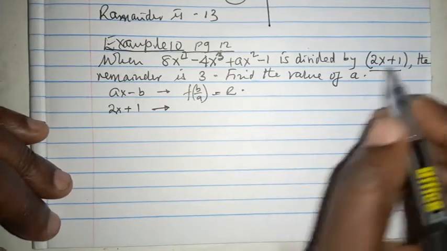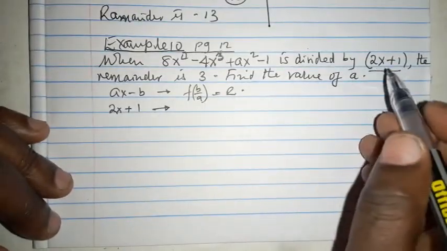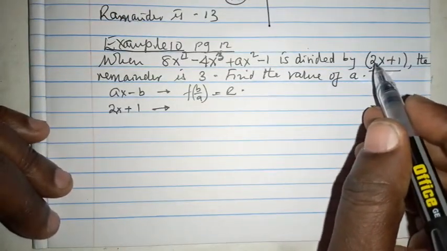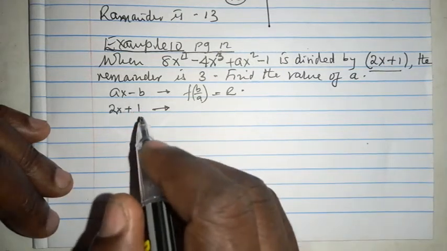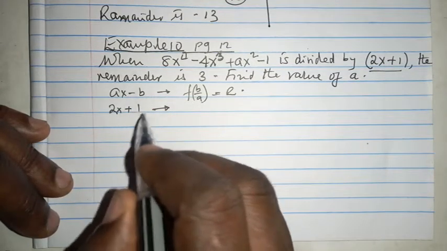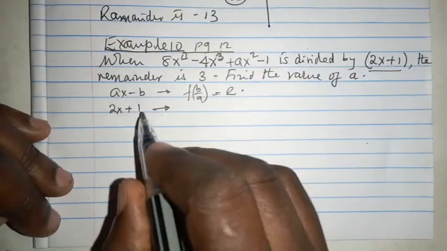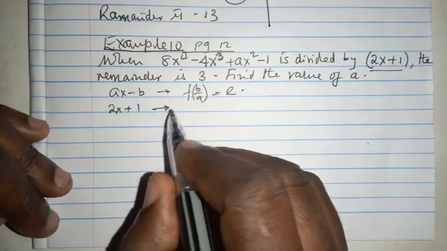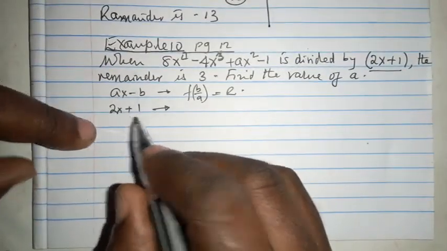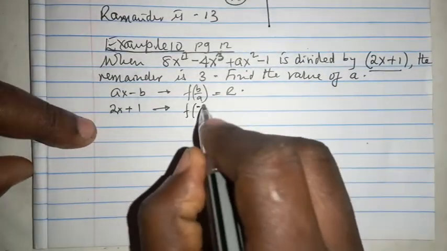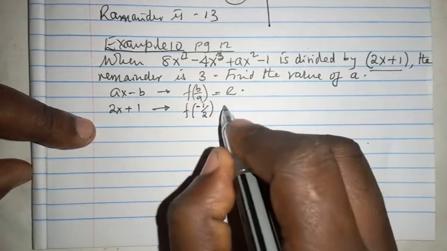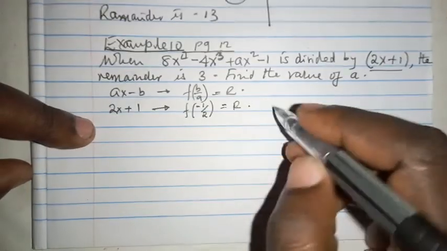Our b is 1 and our a is 2. But if you compare this, minus b is equal to plus 1, and therefore in this case our b is minus 1 and a is 2. So f of minus a half is the one that is going to give us the remainder.